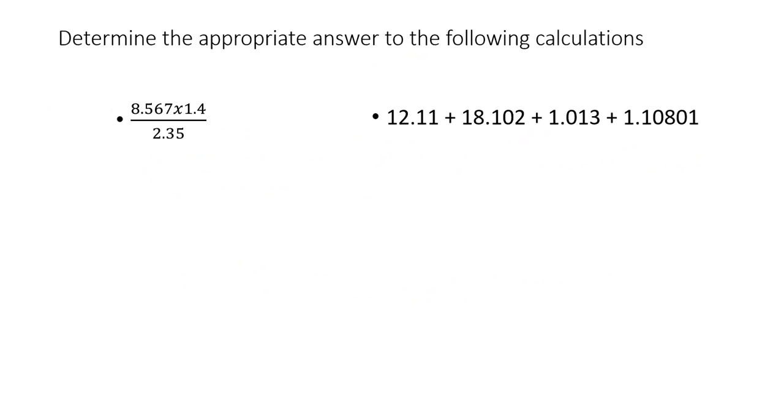Let me show you examples. So this A and B. A is multiplication and division, and B is just addition. So the number of significant figures for the answer here will depend on the smallest significant figure in this calculation. So let's see.